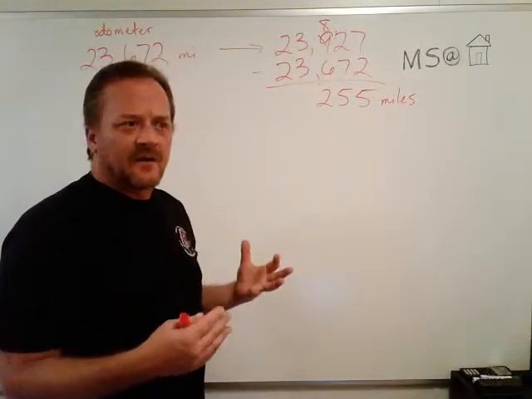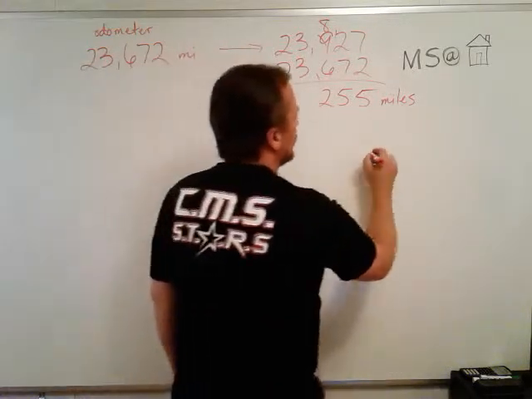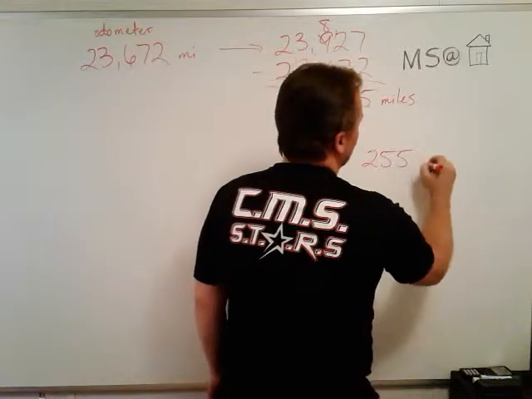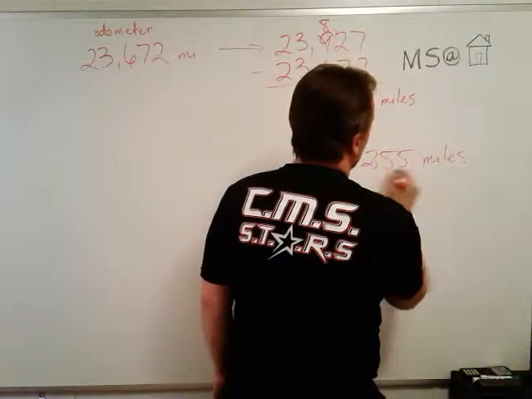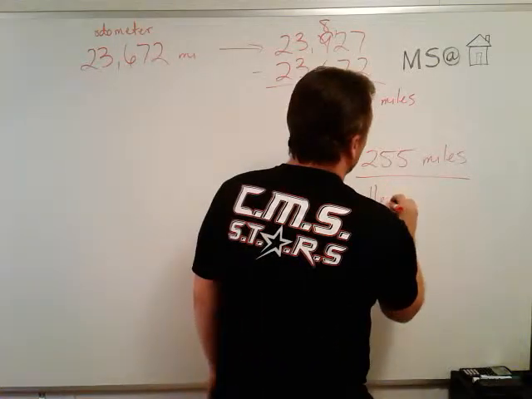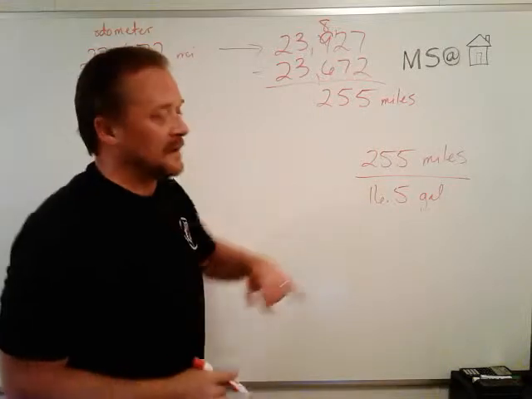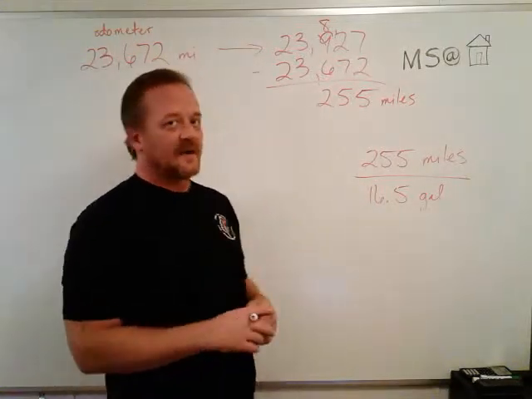So we're still looking for an average. We're still looking for a unit rate, okay? Because right now, we can say, hey, look, we go 255 miles on 16.5 gallons. What's the unit rate is what we're really asking, okay?